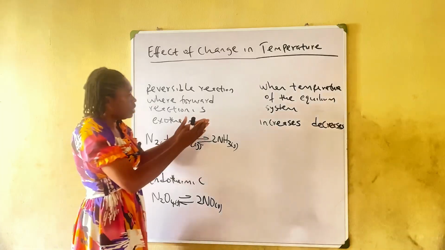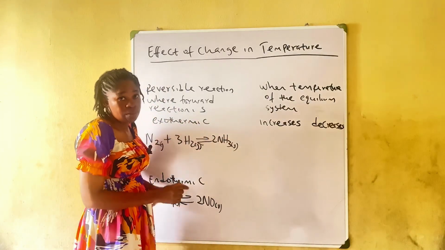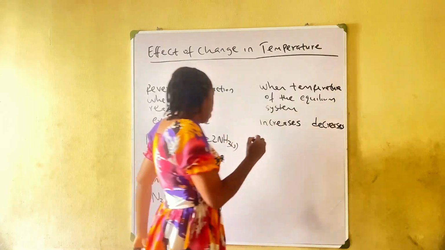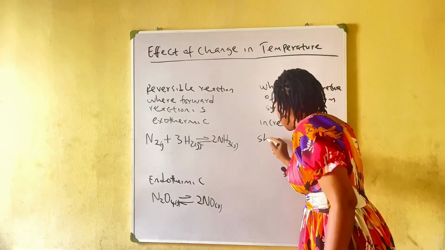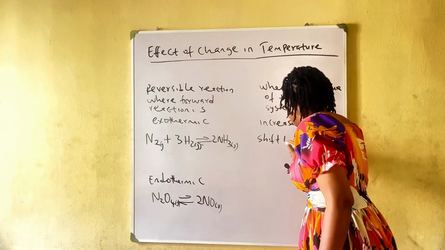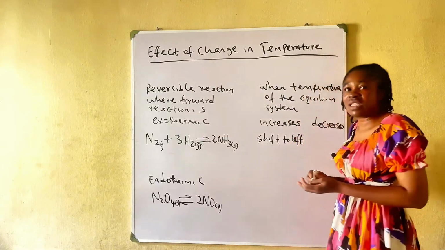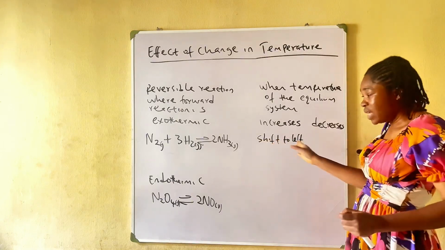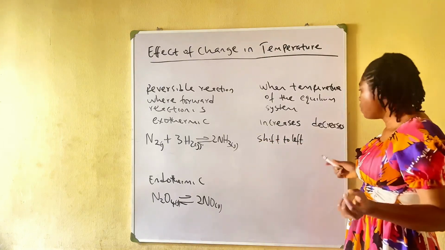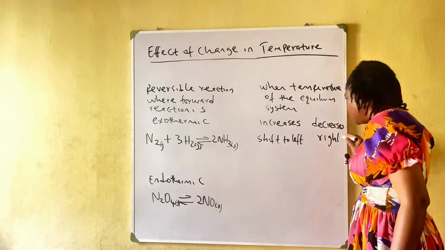When you increase the temperature and the forward reaction is exothermic, the equilibrium position is going to shift to the left. What happens when the temperature of an exothermic reaction is decreased? Everything is going to shift to the right.